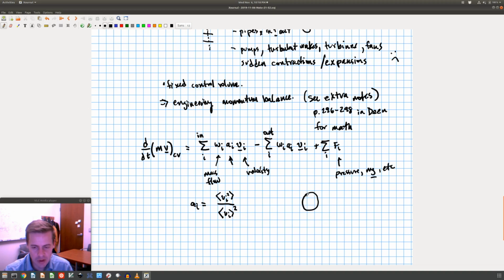I want to average the velocity profile. If I take that v dot v, that's going to give me v squared. If I take that average over that area there, that gives me the top. And if I just take the average of v dotted with the average of v, that gives me the average of v squared. And that ratio is AI.